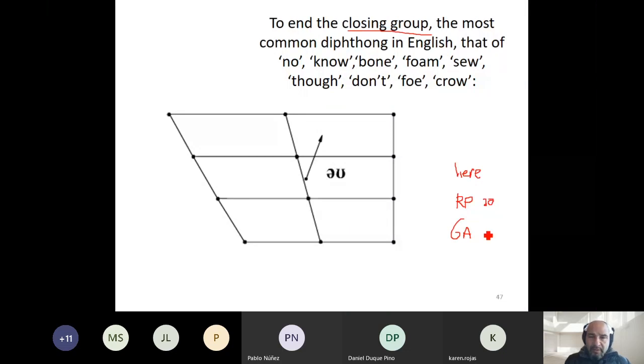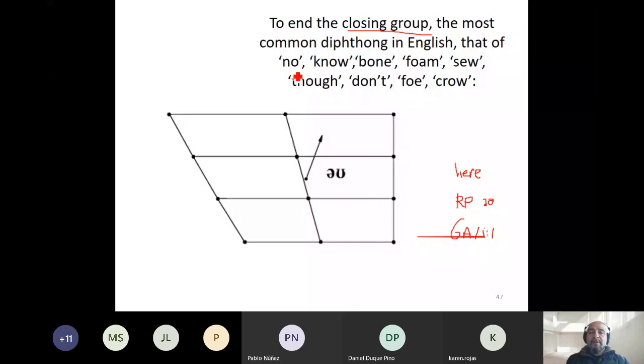So this is one of the diphthongs that are very British. The schwa at the beginning, and then u, o, no, which in General American they use no, not a schwa, right? So this is quite British.